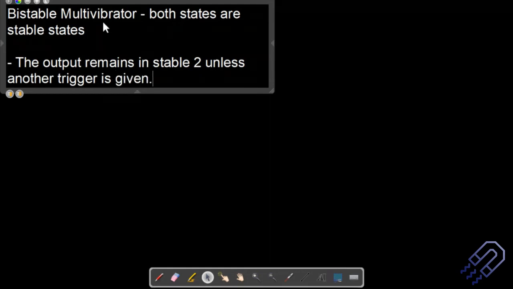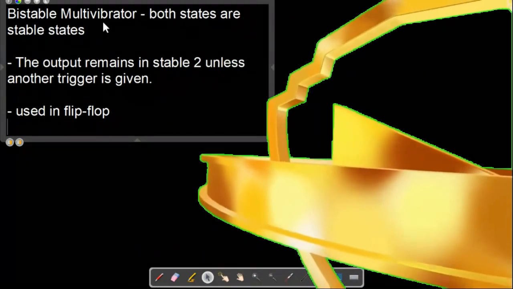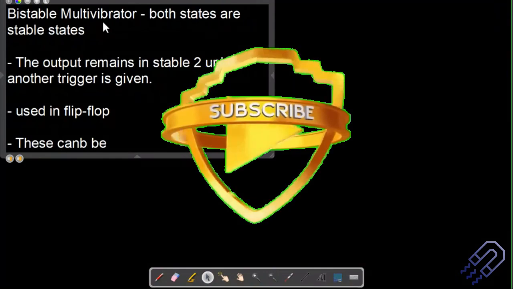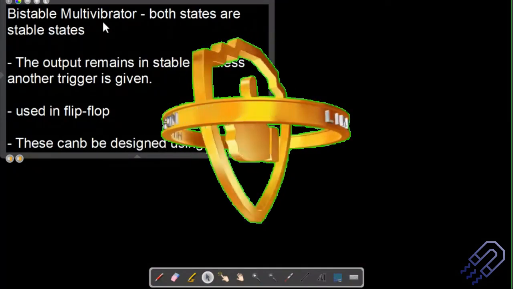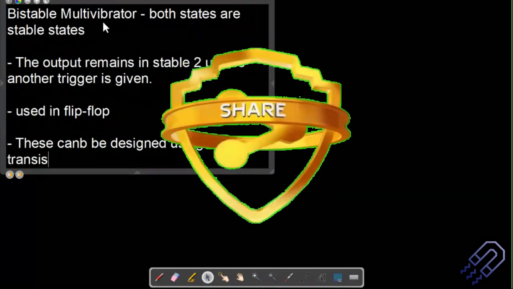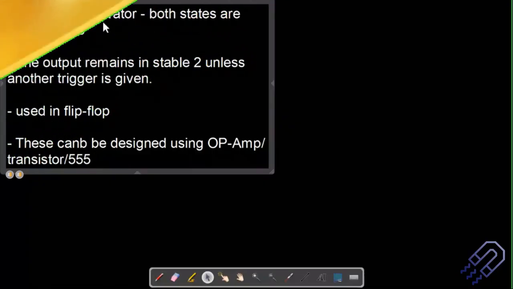This is basically used in flip flops. If I consider something like a JK flip flop and so on, we are basically going to use this. And how do I design them? These can be designed using an op-amp. We can use a transistor to design it, or we can also use a 555 timer.